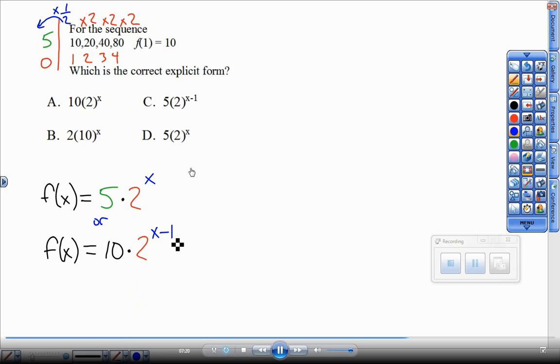And I can see now how they're trying to fake me out. This one is close, but it's got the wrong power up there. This one is completely backwards with the 10 and the 2 flip-flopped. This one again is close, but it has x minus 1 up there. This is the 1.